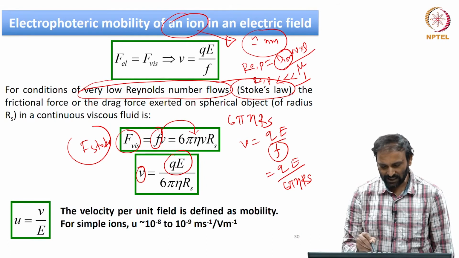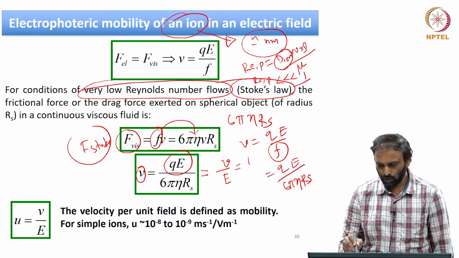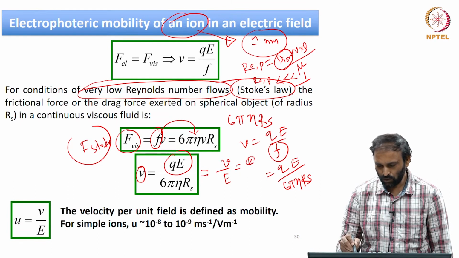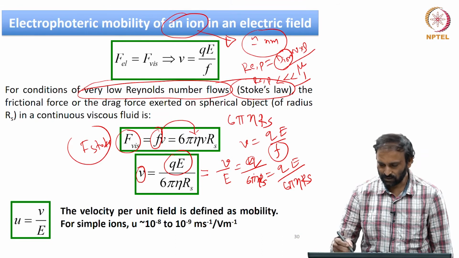I can rearrange this expression further. I can write this as V by E is equal to Q divided by 6 pi eta into Rs.